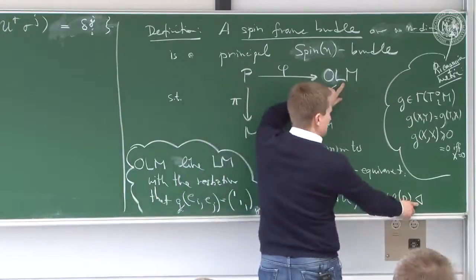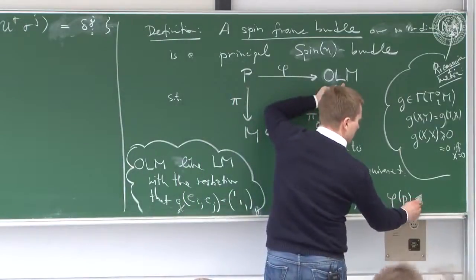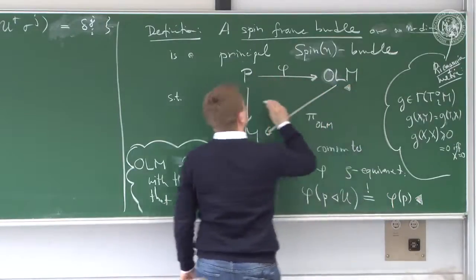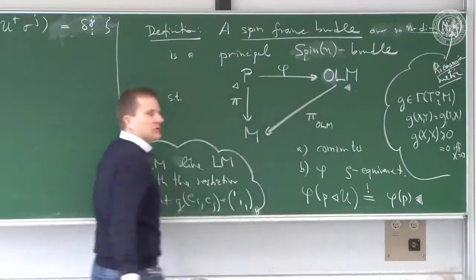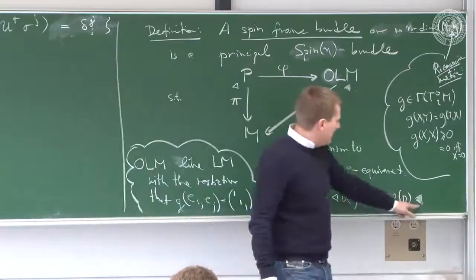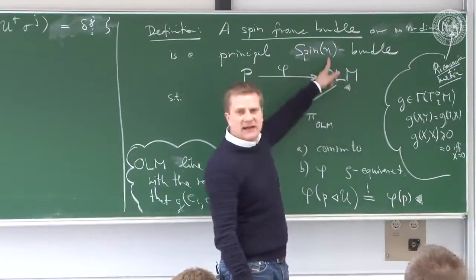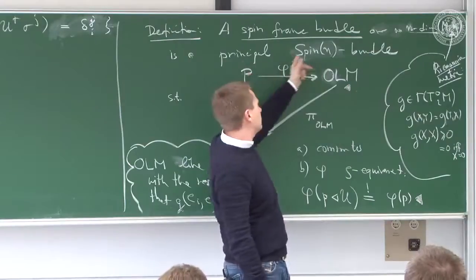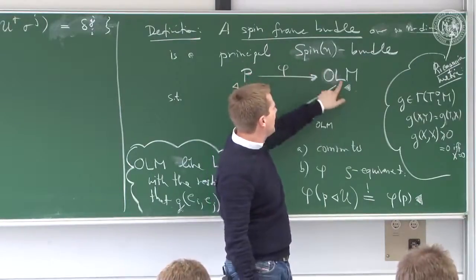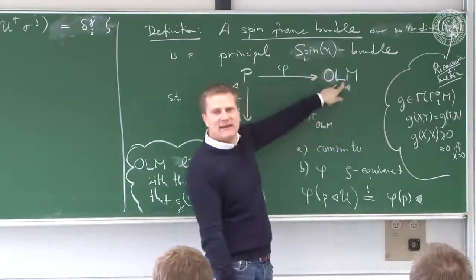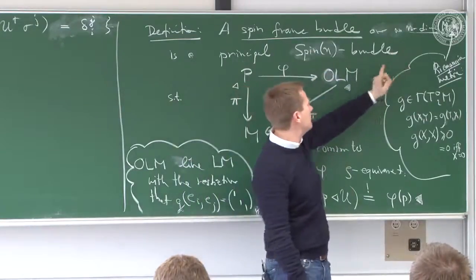It's another right action on here, so I should make this the solid right action. So this principal bundle comes with the solid action. This principal bundle comes with the non-solid action. It's a different bundle. But I cannot act on here with spin n, because spin n only acts on here. Well, that by definition it acts on here. But I can, of course, act on here with SON, if this is an n-dimensional manifold.